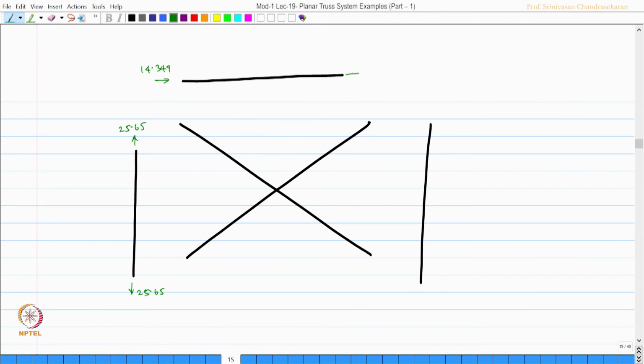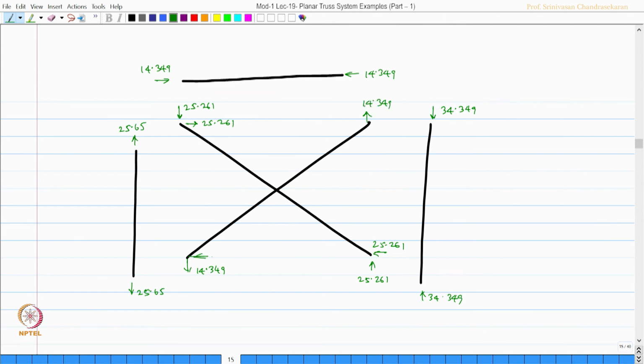Similarly, for this member, this is going to be 14.349 and 14.349, and for this member it is 34.349 and 34.349, and for this member it is 25.261, 25.261, similarly 25.261 and 25.261, and for this member it is 14.349 and 14.349.